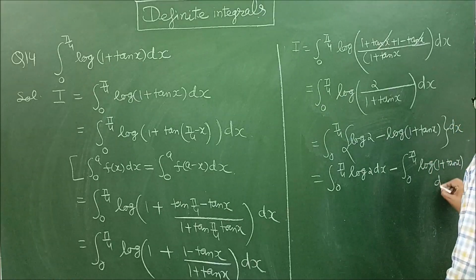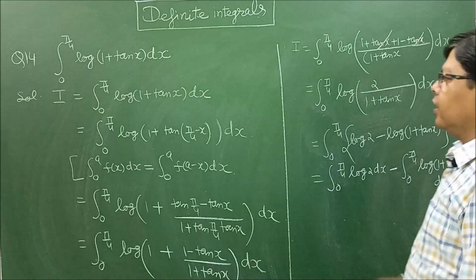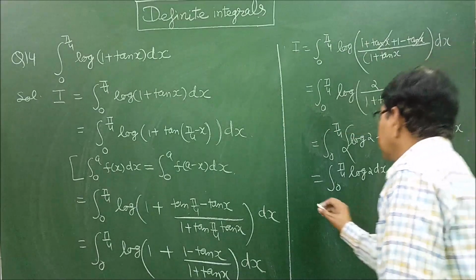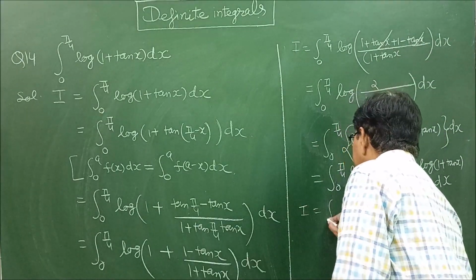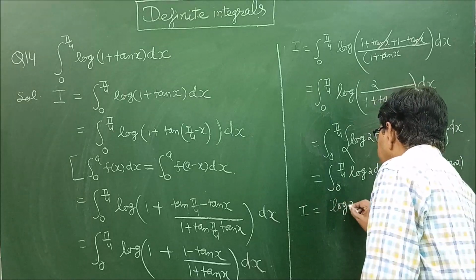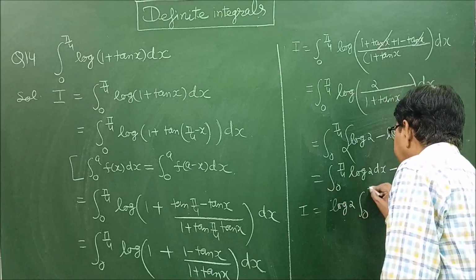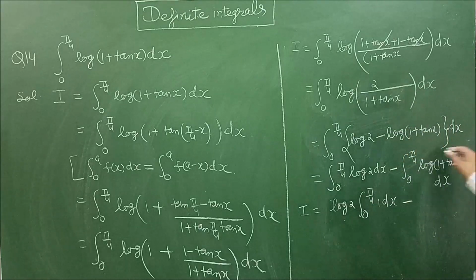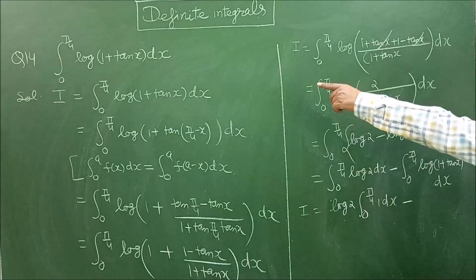This is the same definite integral which we have taken equal to I. So I is equal to log 2, which is a constant, so this can be taken out of the integral, times the integral from 0 to pi by 4 of 1 dx, minus this definite integral, which is again equal to I.